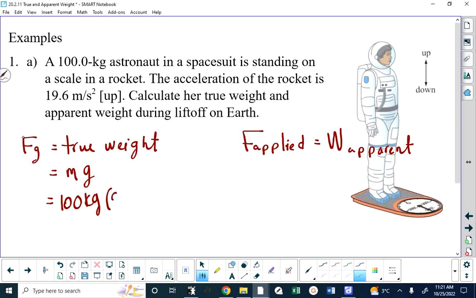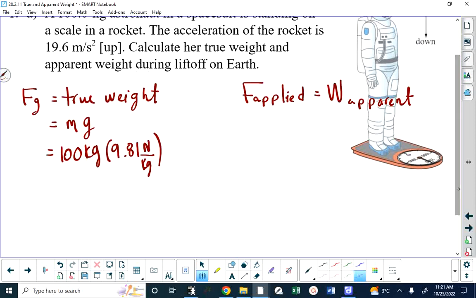Times 9.81. I know that many of you rely on calculators, but I hope you think about numbers before you automatically start plugging them in. 100 times the number means we move the decimal place 2 to the right. That's 981 newtons.